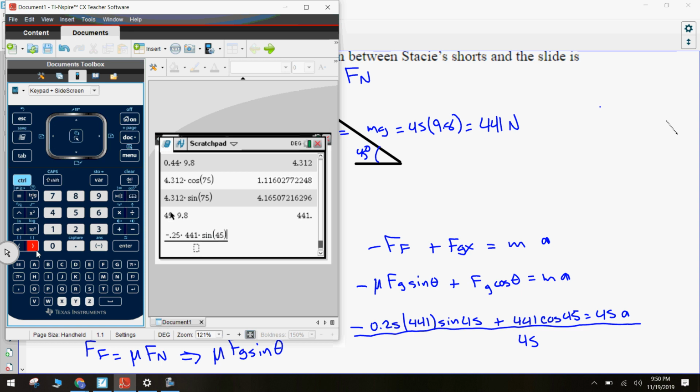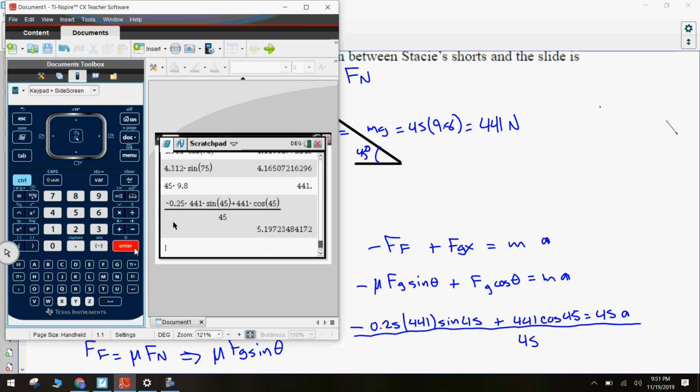Close that parenthesis. Plus 441 trig cosine 45. Go down to the bottom and put 45. And then I hit enter.